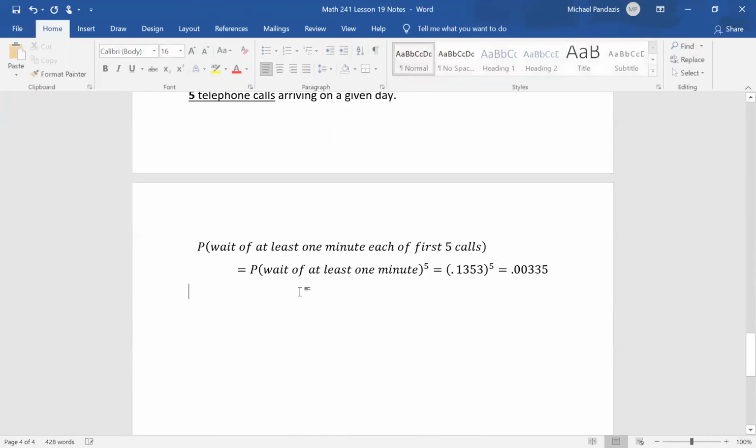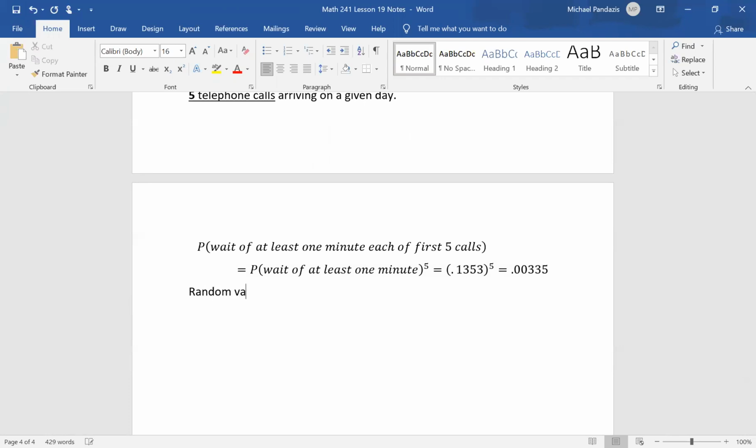Okay, so the probability of a wait of at least 1 minute each of the first 5 calls is the probability of a wait of at least 1 minute 5 times. That's this probability raised to the 5th power, which is that. Okay, so that's B.